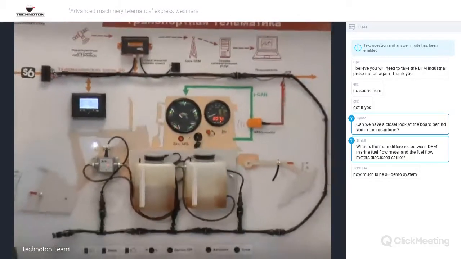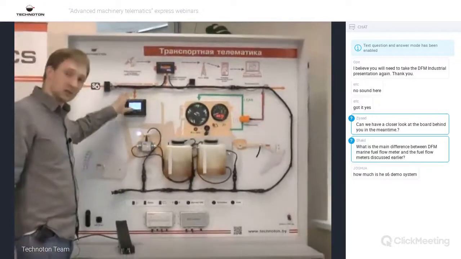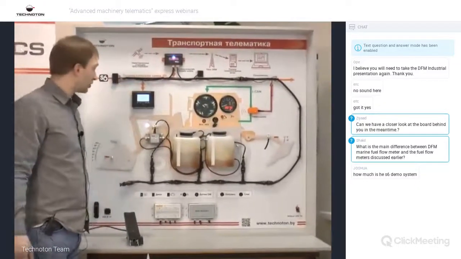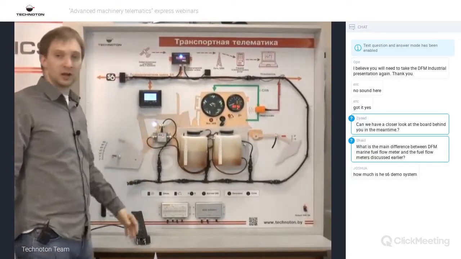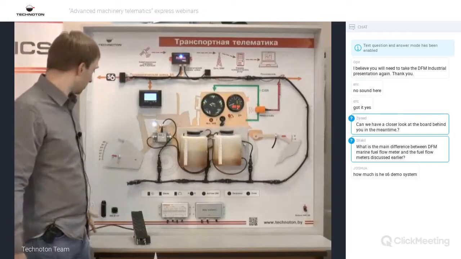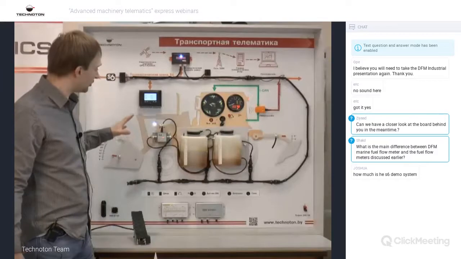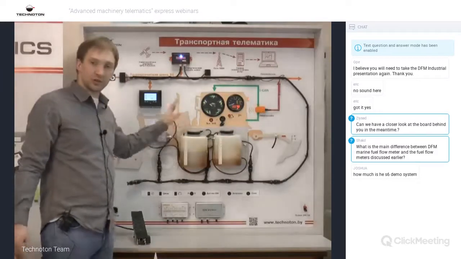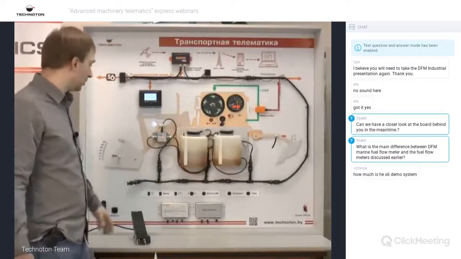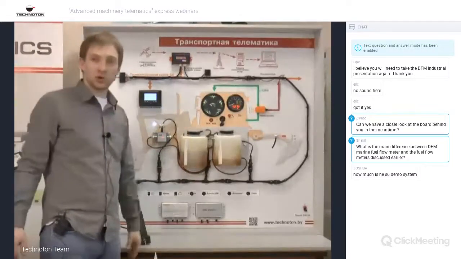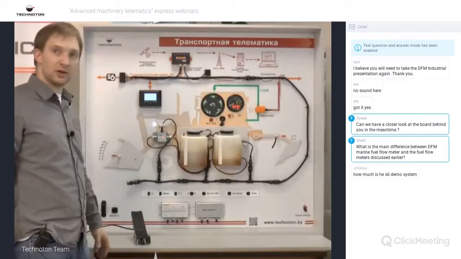At this stage, more than 10,000 parameters we can display and transmit to the server, including ISO bus that's usually used in the agri sector. There are also other available stands, not only the tractors, there are also diesel generator, truck, vessel, locomotive. You can ask your contact person, your sales manager at Technoton. He will give you more information about it.